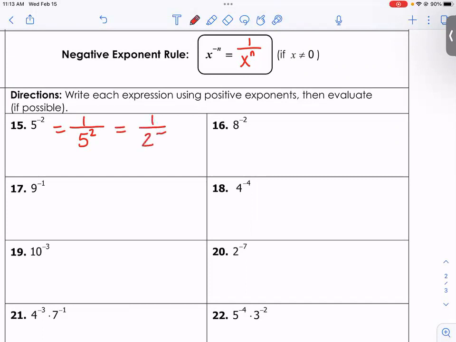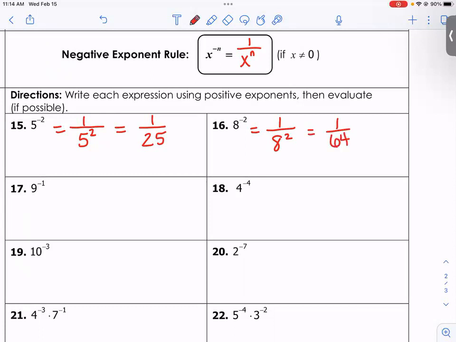So we would write it, yes, as 1 over 25. Eight to the negative 2 we could rewrite as 1 over 8 to the 2. It kind of is pretty great, isn't it? So we would write this as 1 over 64.